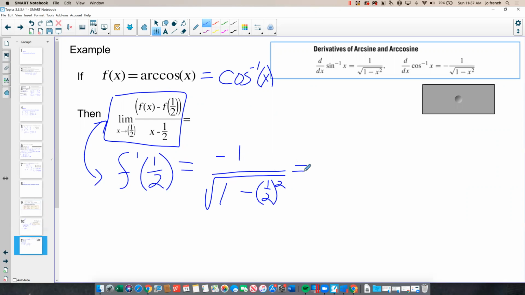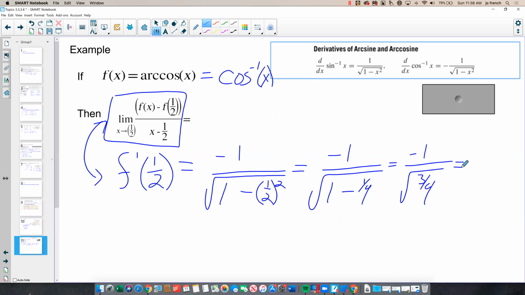Well, 1/2 squared is 1/4, so this becomes negative 1 over the square root of 1 minus 1/4, which becomes negative 1 over the square root of 3/4, which eventually simplifies to negative 2 over the square root of 3. And we check our answer.